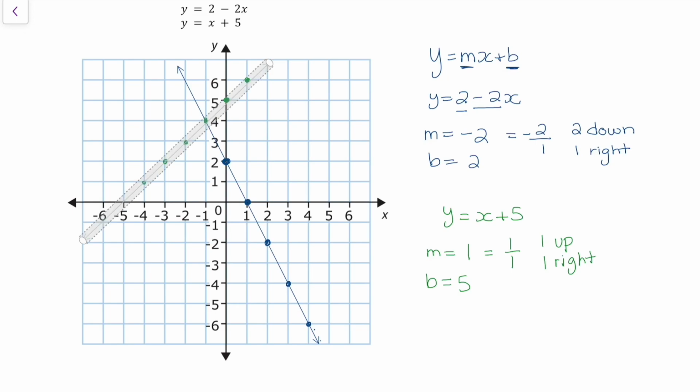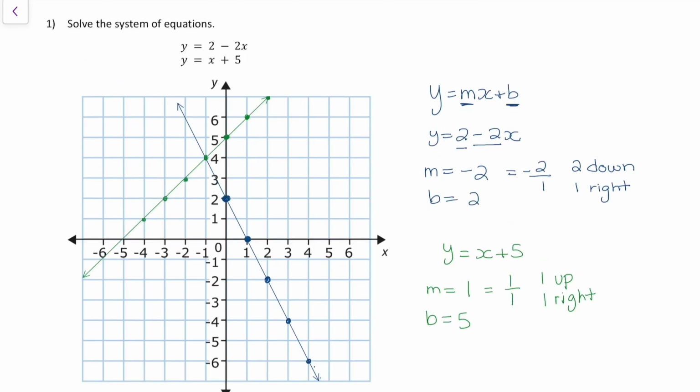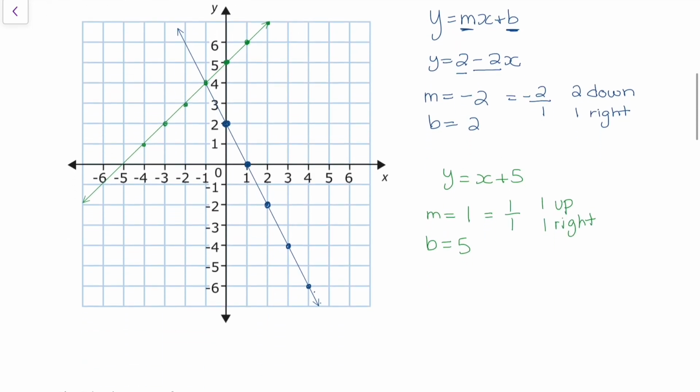And trying to be as accurate as we can. And then we can see that our lines cross right here, which is the point -1, 4.